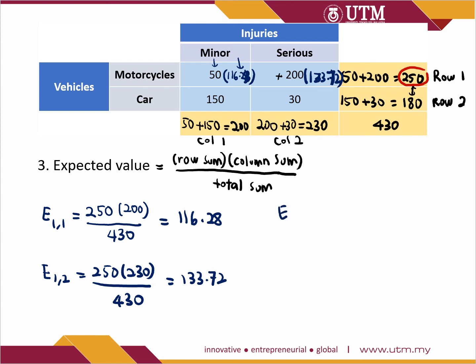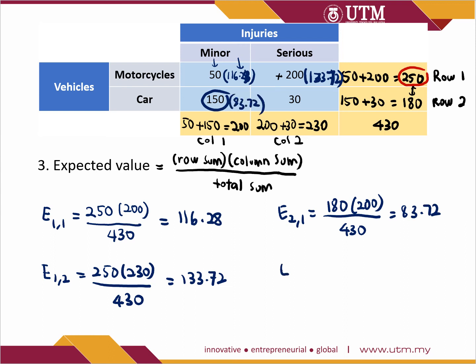Next is the 2-1 cell. The expected value for this would be the second row sum multiplied by the first column sum, divided by 430, and we get 83.72.